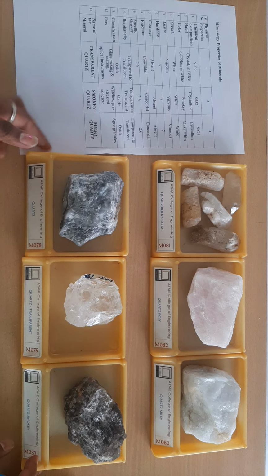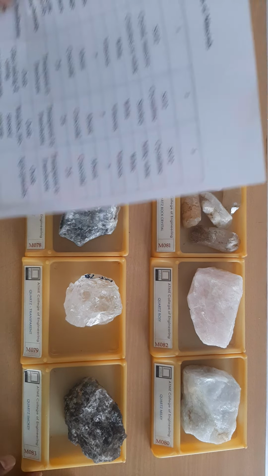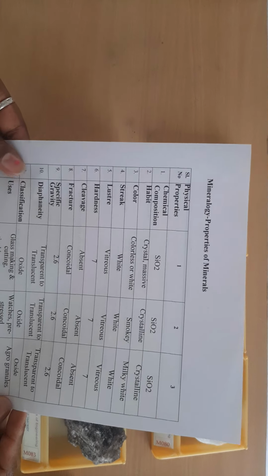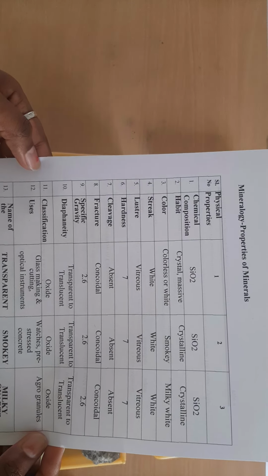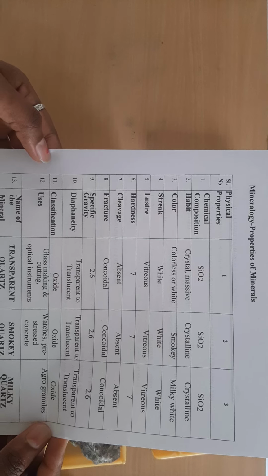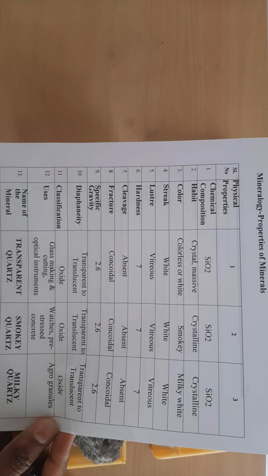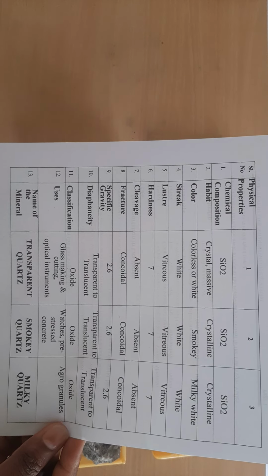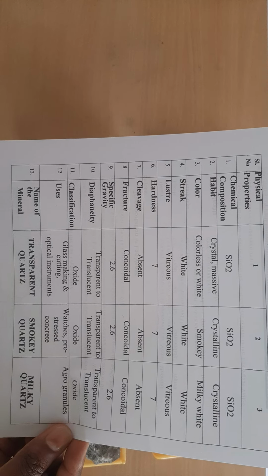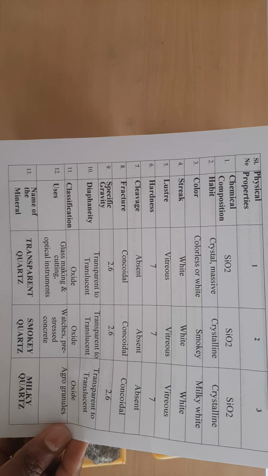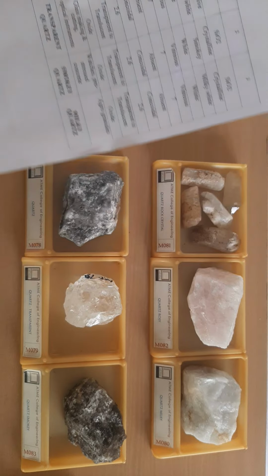And the next properties are what I have shown here clearly: chemical composition, habit, color, streak, luster, hardness, cleavage, fracture, specific gravity, the affinity, classification of each mineral, uses and the particular name of the mineral.